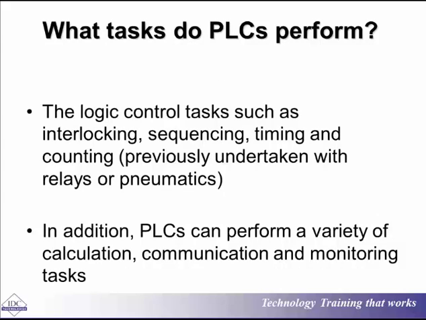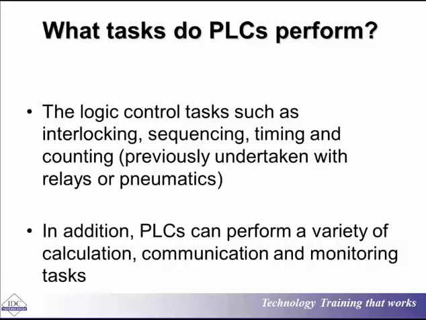So what do the actual PLCs do to the process? They produce the logic, and hence the outcome, of things like sequencing, batch processing, counting, interlocking, timing, and also safety controlling.